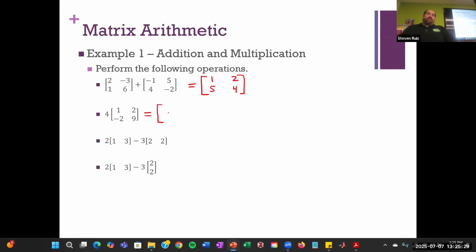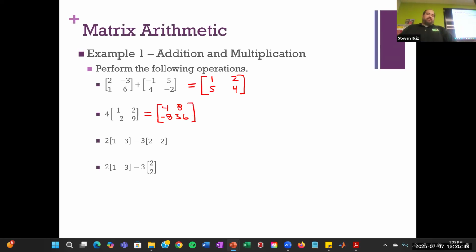Something else I haven't talked about. What do you think? So again, a 2 by 2. Okay. So how'd you get all those? So scalar multiplication.